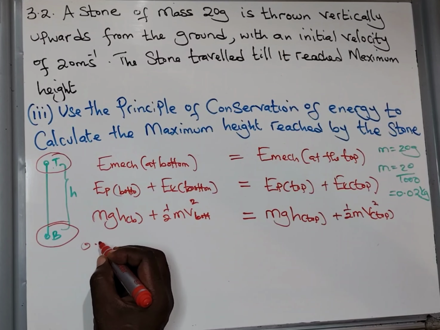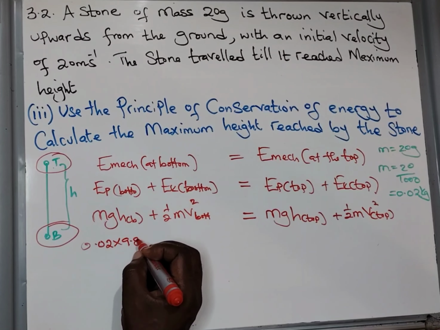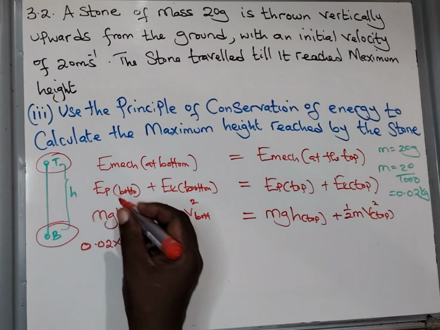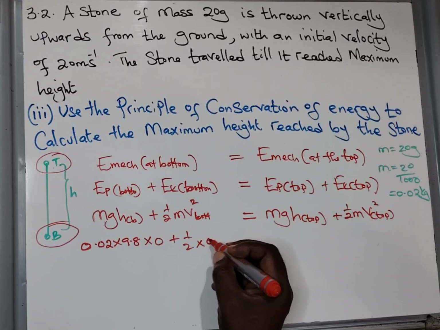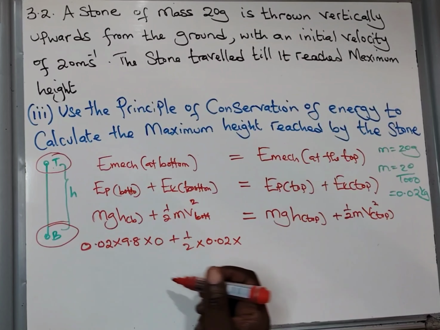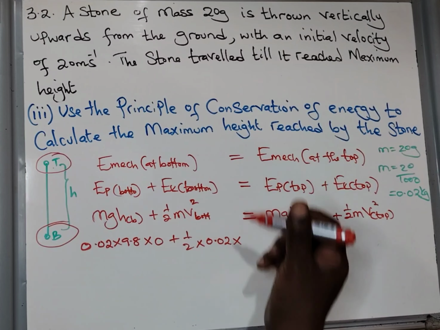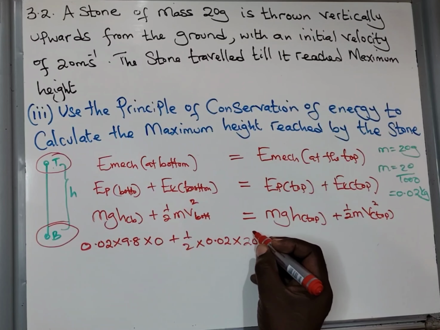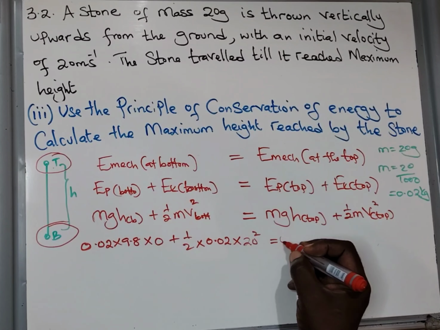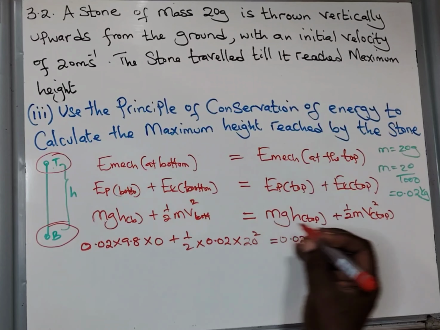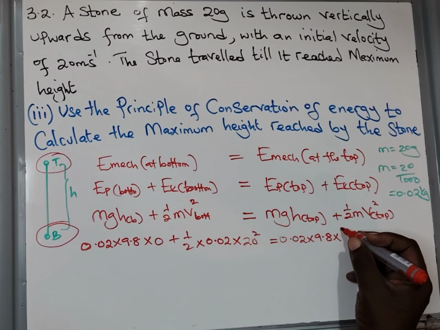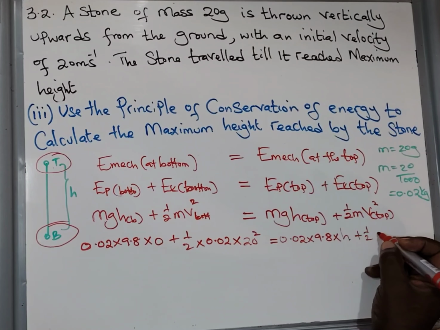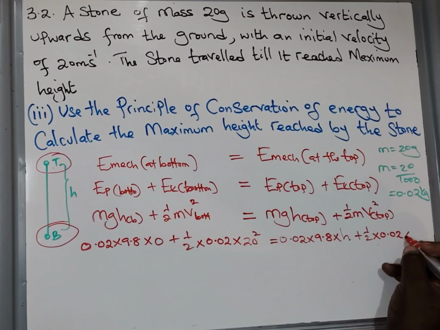It is going to be 0.02 times 9.8 times height at the bottom, which is 0, plus a half times mass, which is 0.02, times velocity at the bottom, which we know was 20 squared, equals the mass, which is 0.02, times 9.8 times height at the top, which we are looking for, plus a half times mass, which is 0.02, times velocity at the top, which is 0 squared.